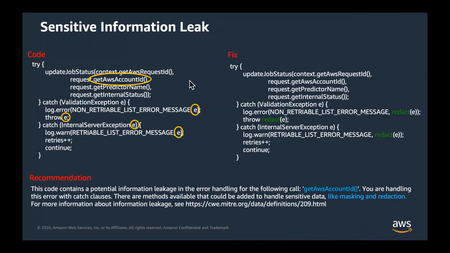And this is something that may be sensitive and that customers don't want to log when they're catching an exception. And so Cougar Reviewer can warn you about this, so that you can follow best practices in terms of redacting potentially sensitive information.